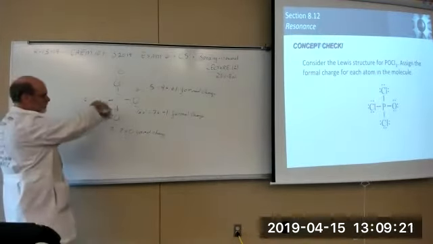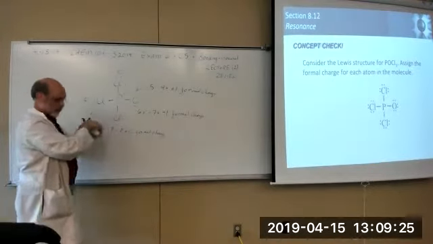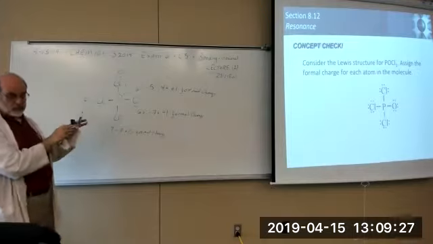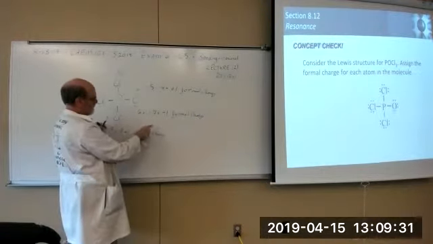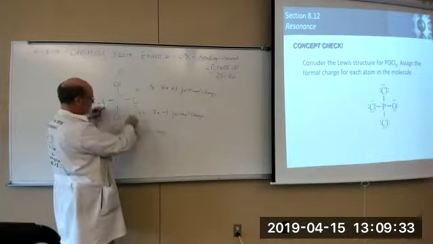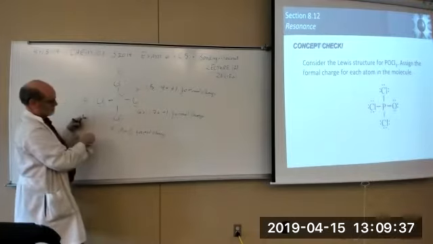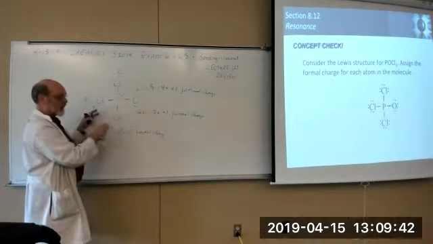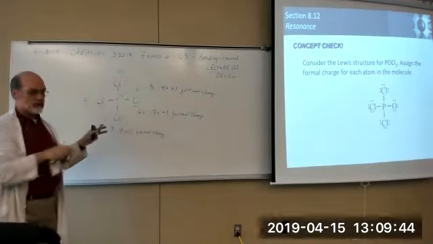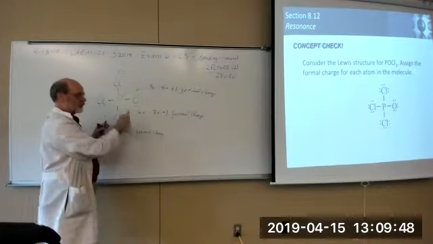If you draw any other Lewis dot structure, applying the rules, and it's a valid structure, and you come up with anything that's greater than -1 here, plus 1 there, or -1 plus 1, any pair like that, then that structure is less likely than this one.